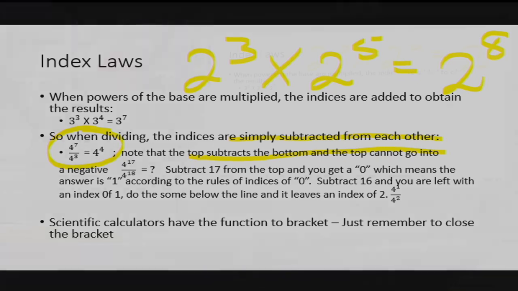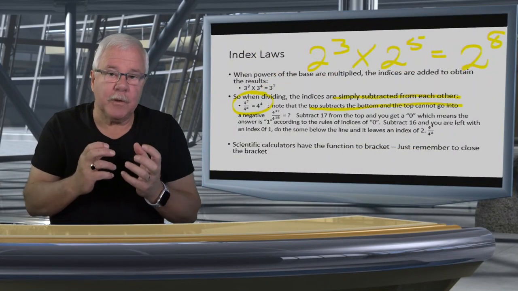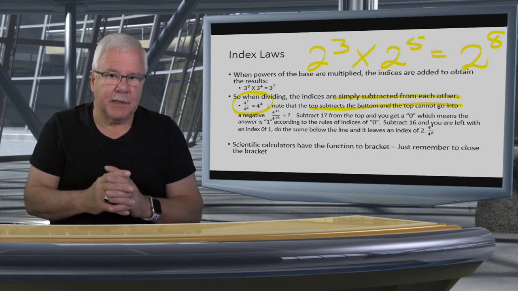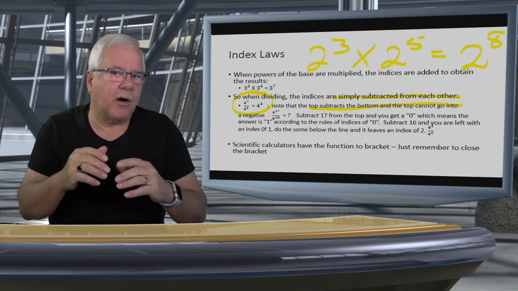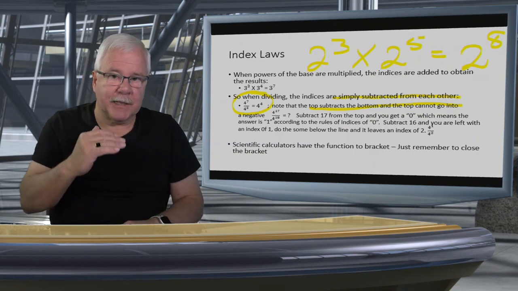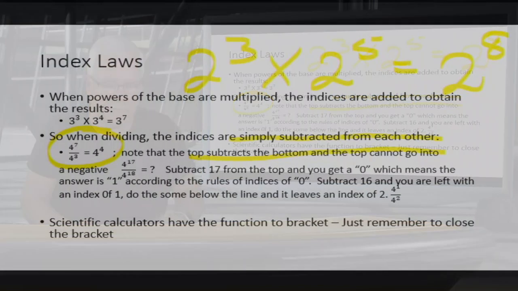Now, at the level that we're working with, let's just stay away from a negative power, just for now, because we want to get the division sorted out. So now you must listen very carefully.